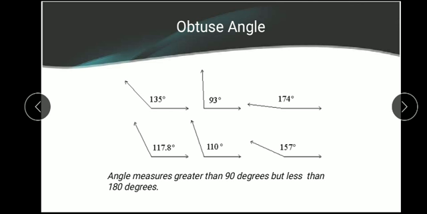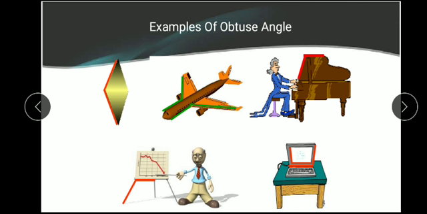Such angles are called obtuse angles. You can say 135, 93, 174, 110, 157, etc. These are some of the obtuse angles.